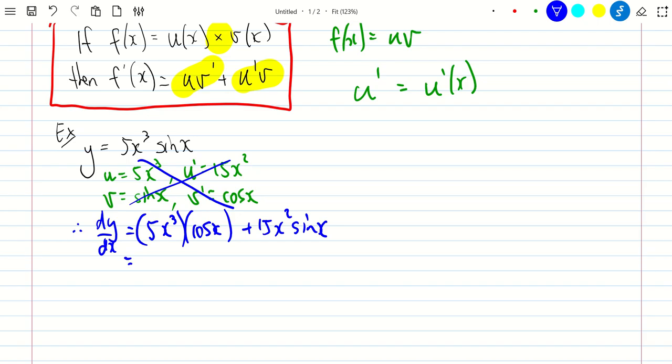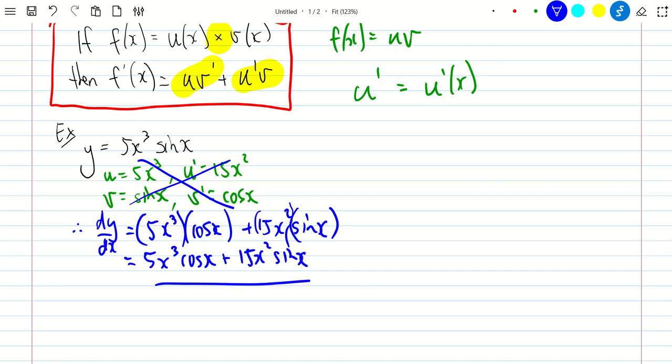And that's it really. Usually when you get to this stage, you'll clean things up a little bit, but really that's effectively all I do. I'm just going to leave it as 5x cubed cos x plus 15x squared sine x. And that's the answer.